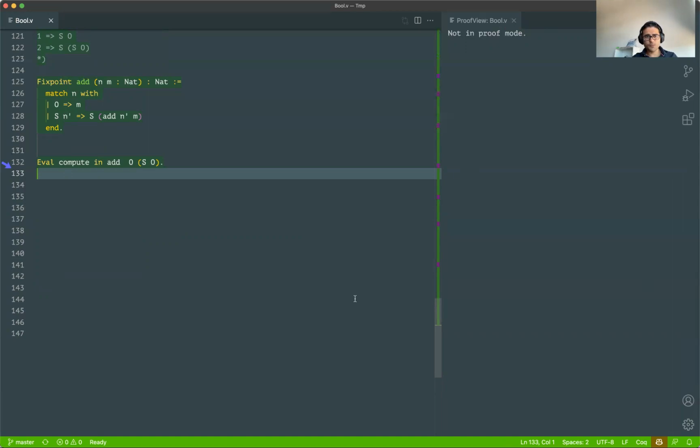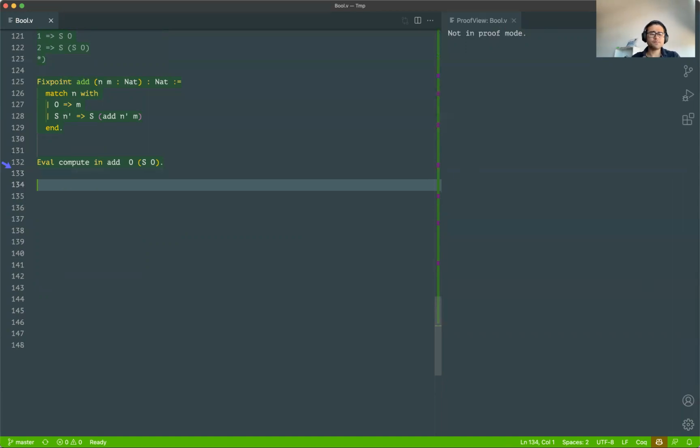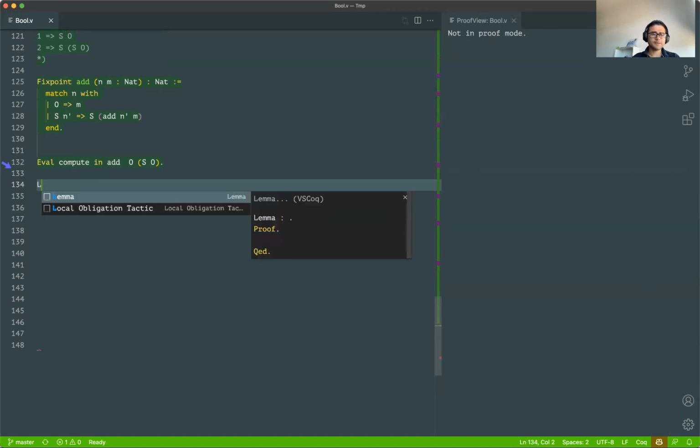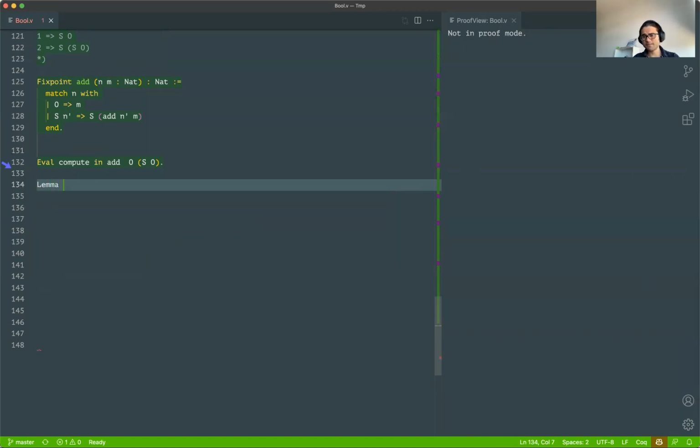But before we go and prove this theorem, let's prove some simple theorems. And I'm going to call them lemma. So lemma is a way to state a theorem, and I'm going to name it. Now I need to give it a name, so I'm giving it add_O_l. L stands for left.